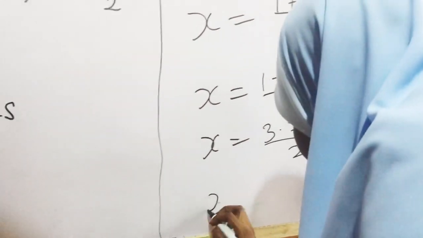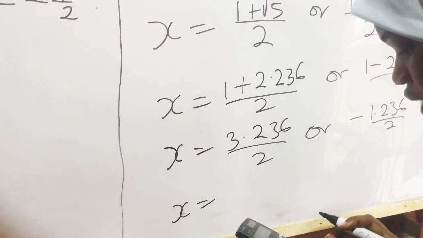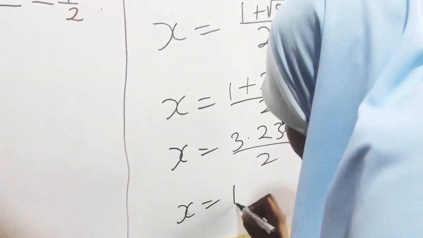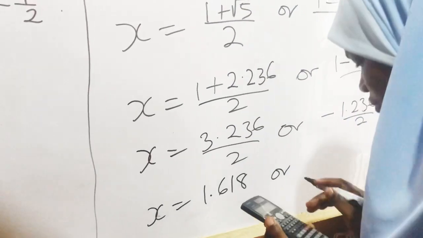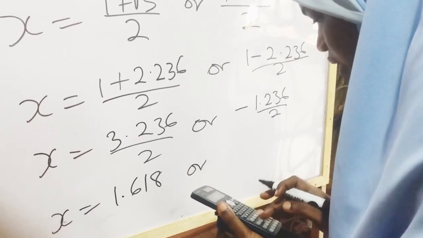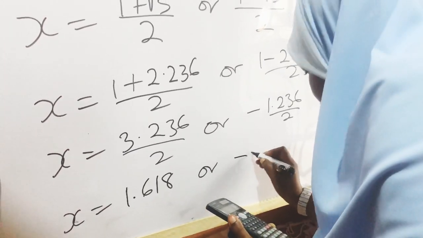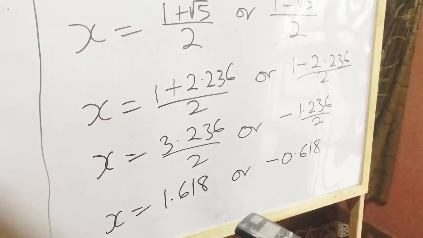So x is equal to 3.236 divided by 2, which is 1.618, or minus 1.236 divided by 2, which is minus 0.618. So here is the answer.